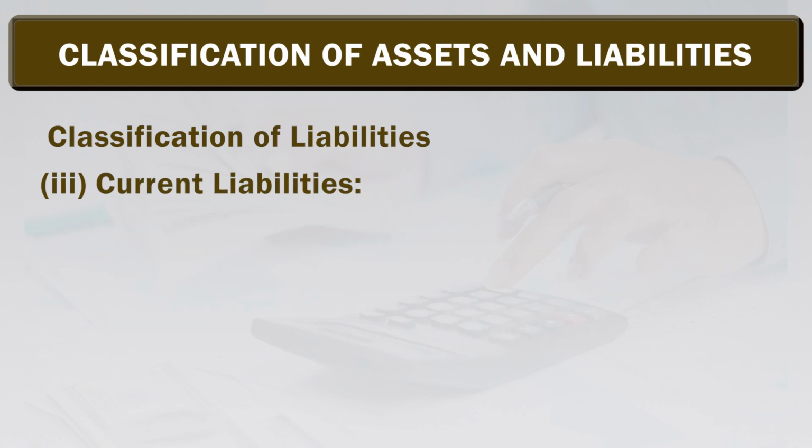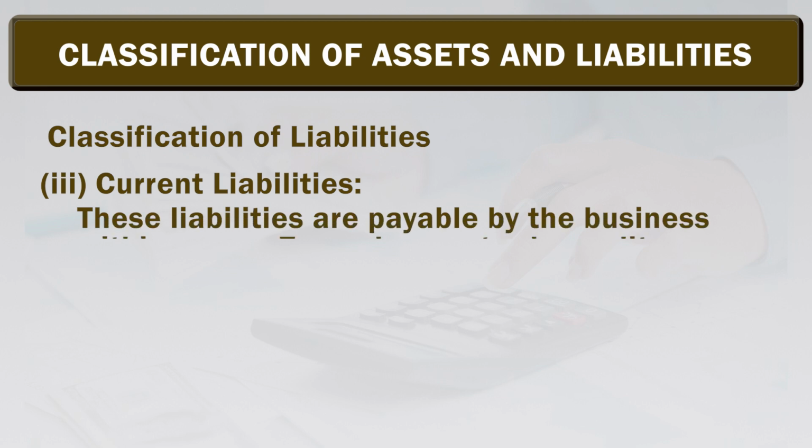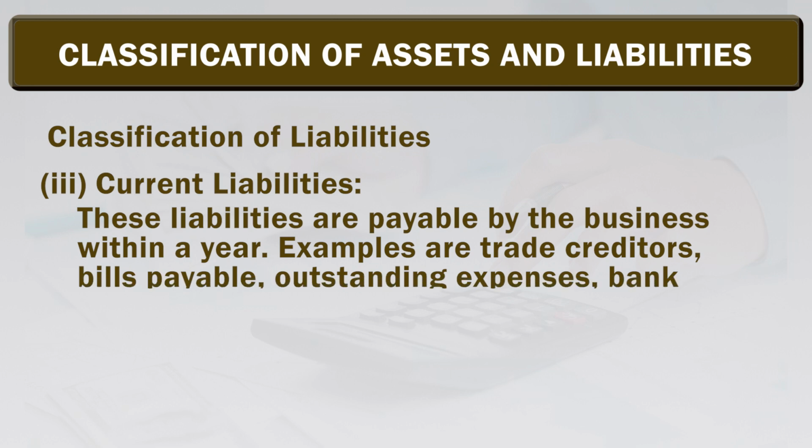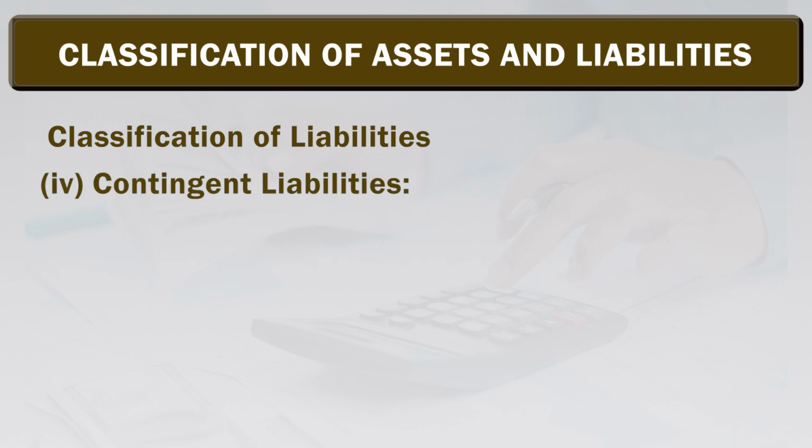Friends, the next item is current liabilities. These liabilities are payable by the business within a year. Examples are trade creditors, bills payable, outstanding expenses, bank overdraft, etc. And the fourth item of the liability side, which is not part of the total, but we have to disclose it because it has some legal importance, is contingent liabilities.